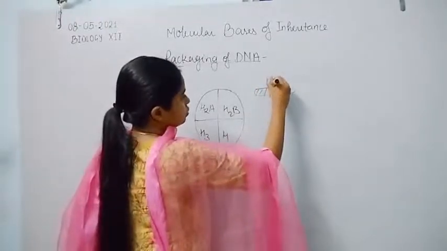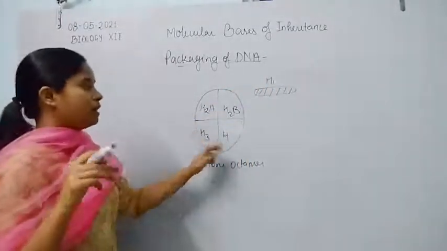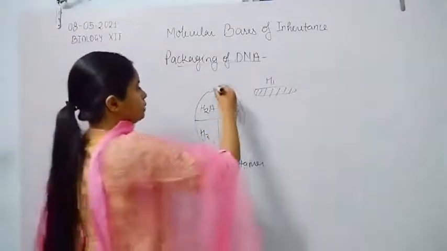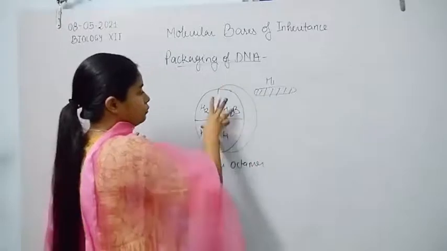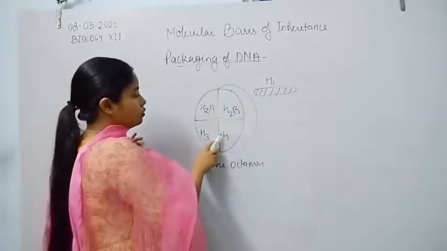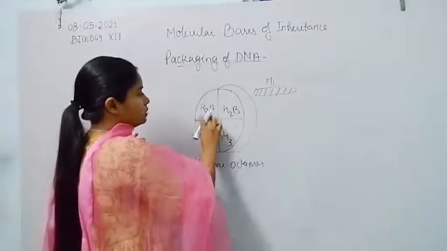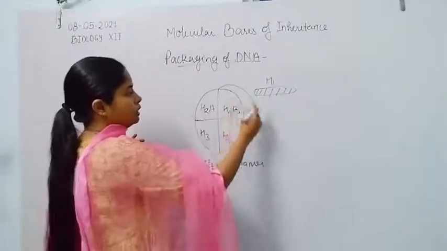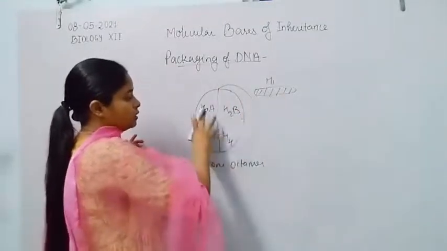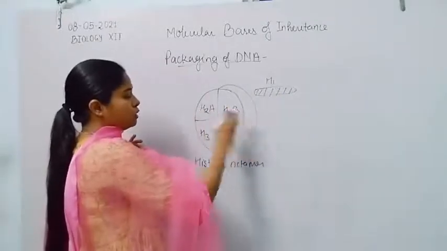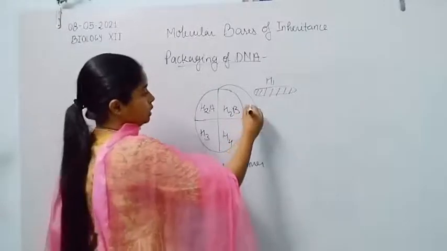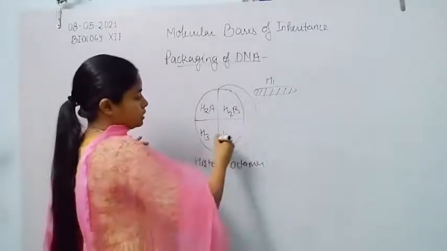H1 is quite separate from the histone octamer. So the histone octamer presents two wheels. The first wheel consists of four subunits, H2A, H2B, H3 and H4, and behind this wheel another wheel of four histones is present, that also contains H2A, H2B, H3 and H4.